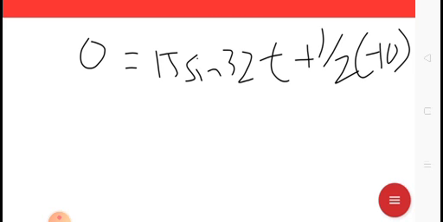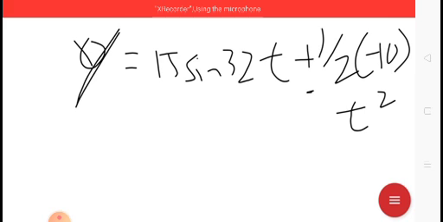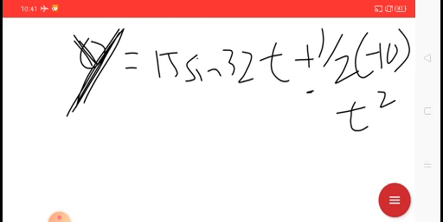Some of you put the negative in the plus area, or if you don't want to, you just put the negative behind. I should put y here first. Now this is the general equation for vertical distance.